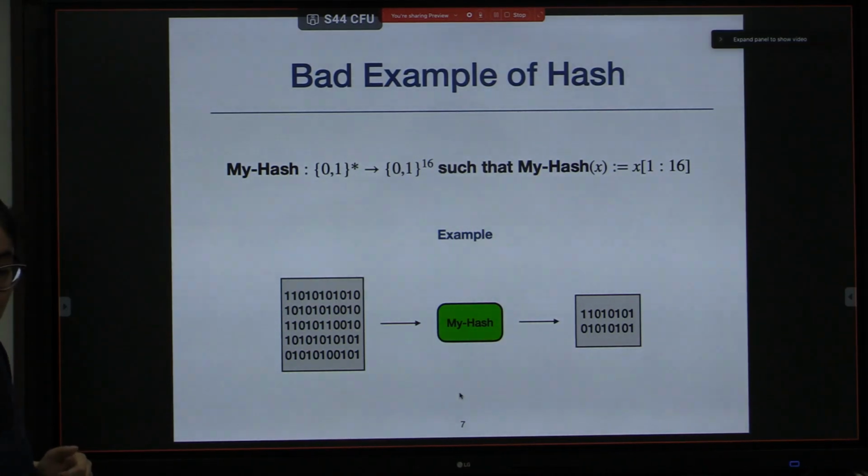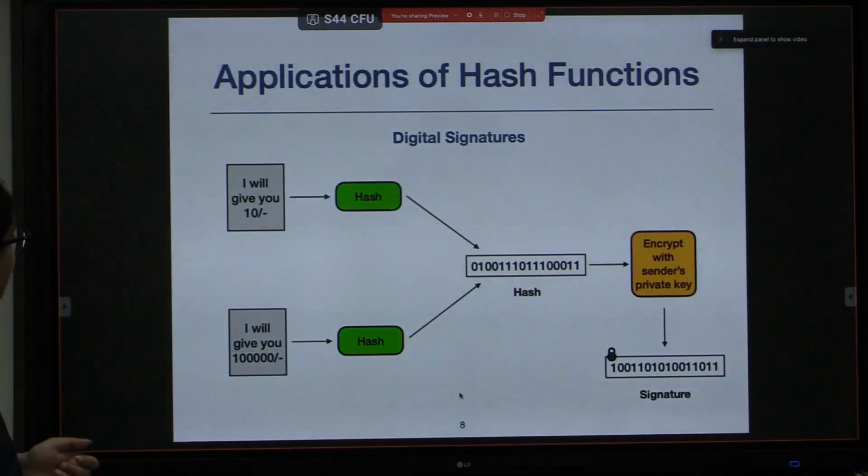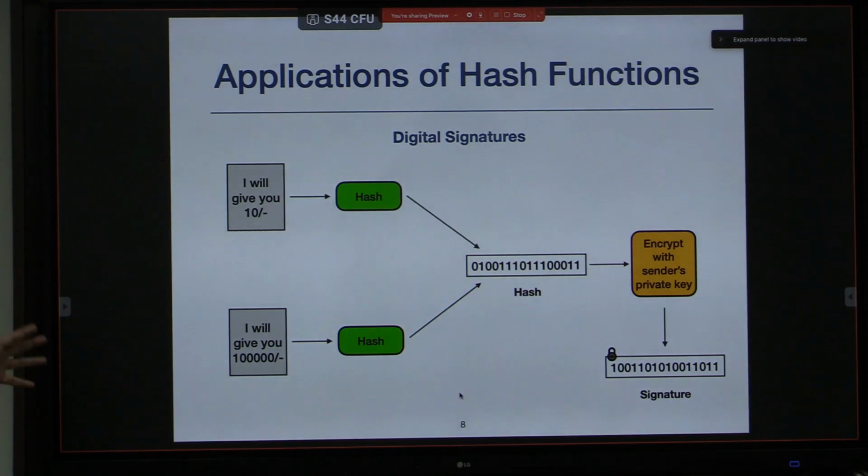But this is not a good hash. Say you're using it in the digital signature setting, and I hash "I will give you 10 rupees", and whatever the output is, I just take the first 16 bits. That's how I define my hash, and I will encrypt it with my private key, and that will be the signature.